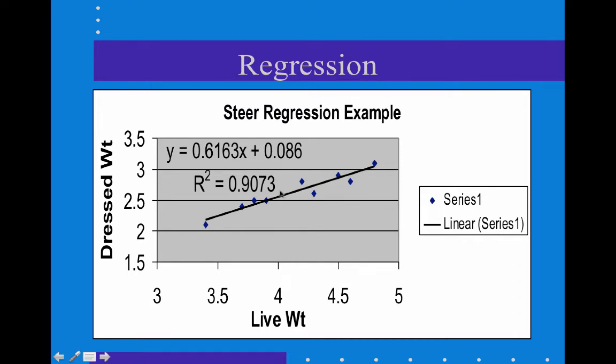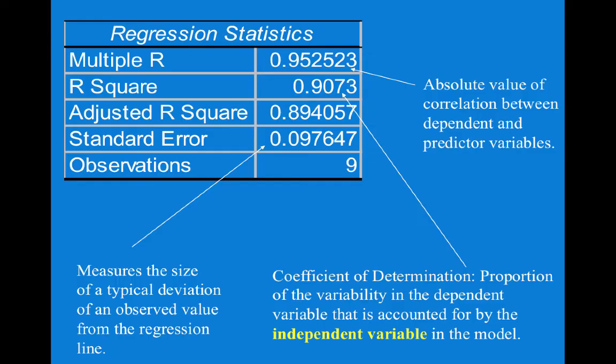If we have a live weight, we can plug that in here as x, multiply that live weight times 0.6163 and add 0.086 to get a prediction of the dressed weight. This is an example of something that we do all the time. All the equations that we come up with for predicting ribeye area or back fat percentage or any of those types of things are all based on regression analyses.